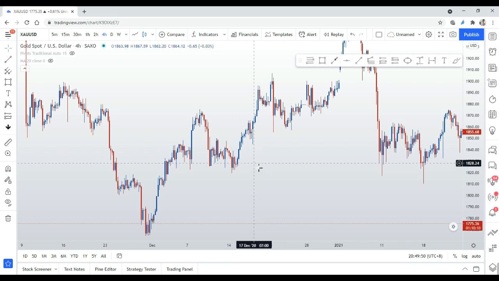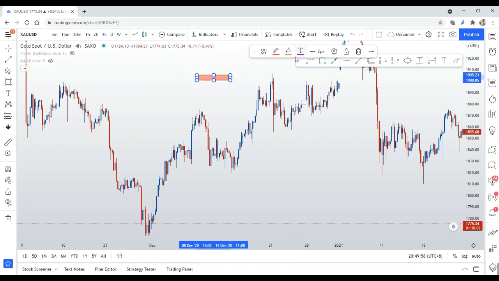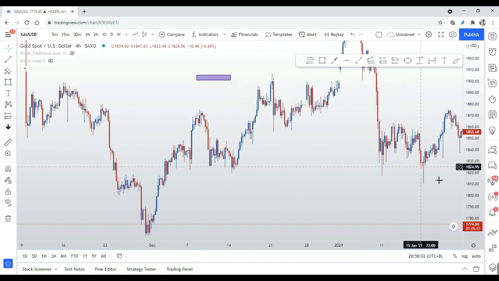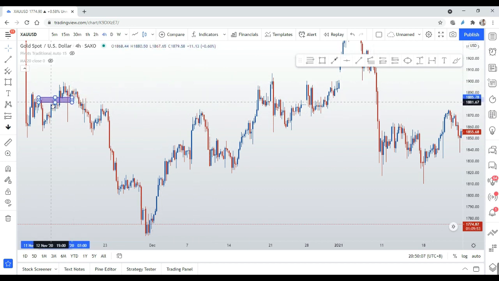So first of all, in this whole movement, I will need to identify the supply zone. The supply zone is the purple color. Let me change it back to the purple color. I need to identify all my supply zones. So from here, this will be my supply zone.